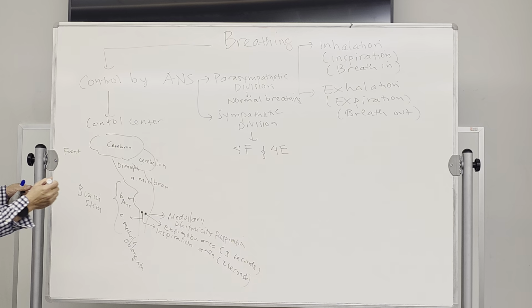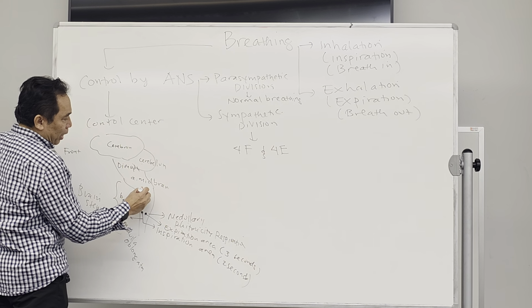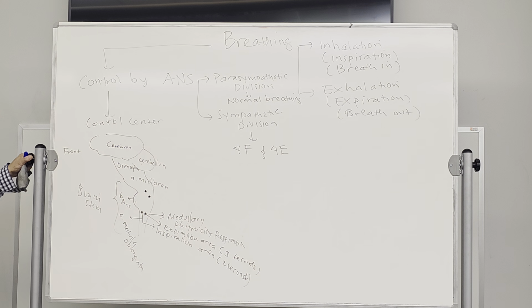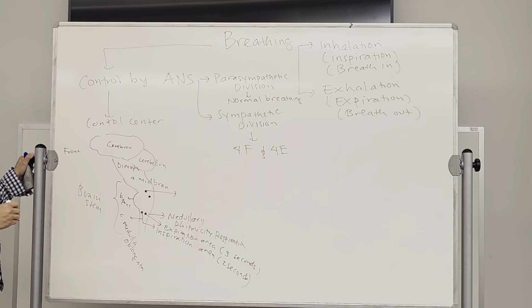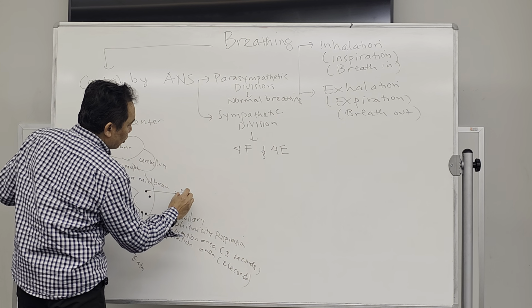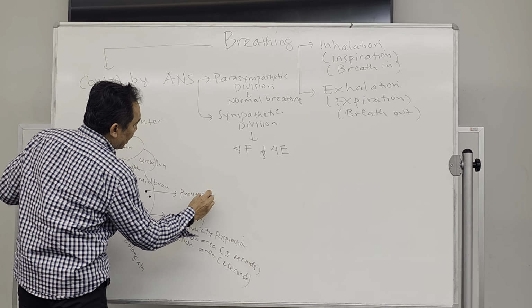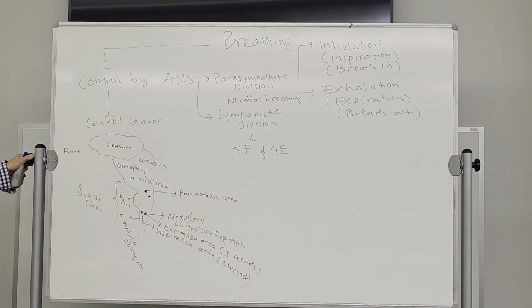On the pons, you also have two other areas. This top one, on the superior part, is called the pneumotaxic area.